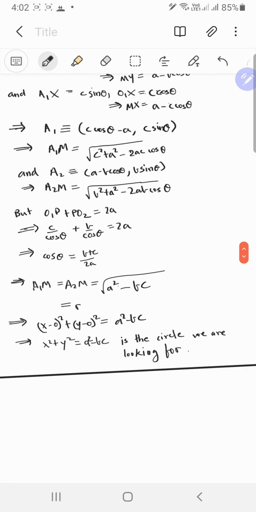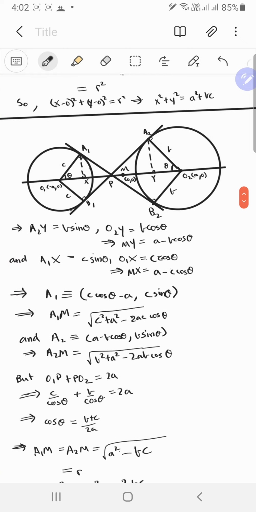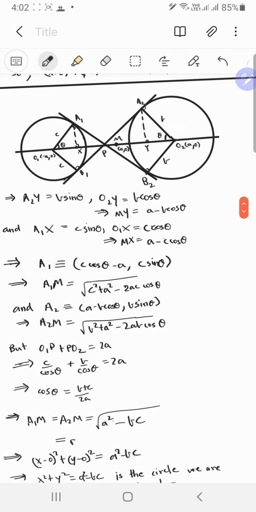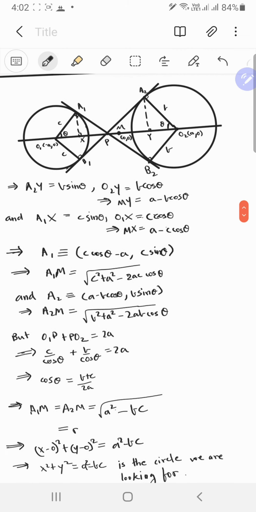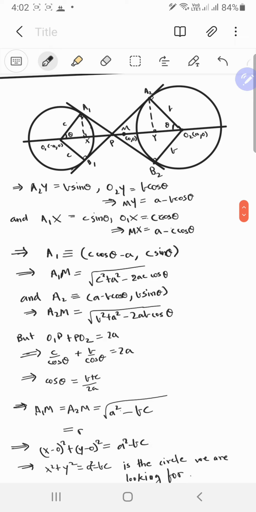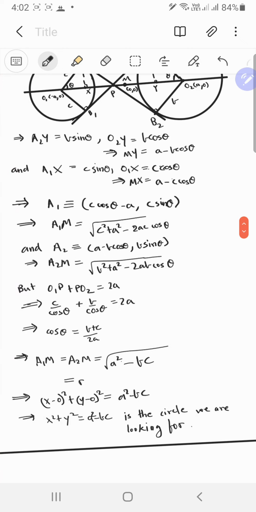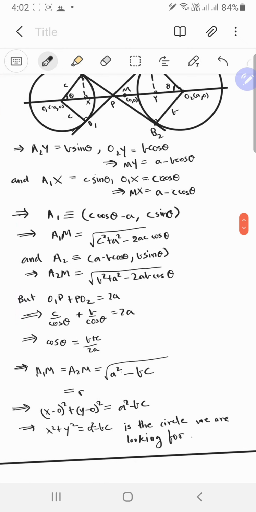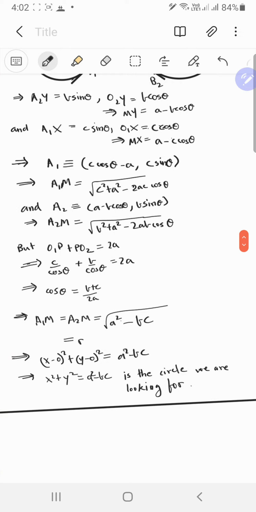After that we need to eliminate the variable theta because we want everything in terms of a, b and c. How do we eliminate theta? We use the fact that O1O2 should be 2a, and O1O2 can be written as O1P plus PO2, where O1P is c upon cosine theta and PO2 is b upon cosine theta, and that is 2a.